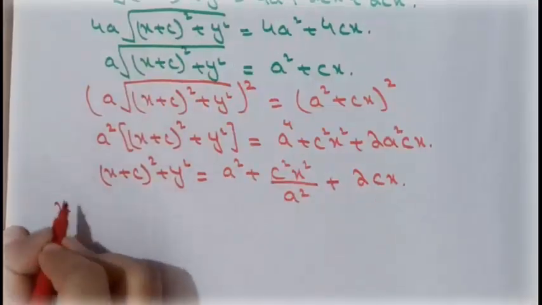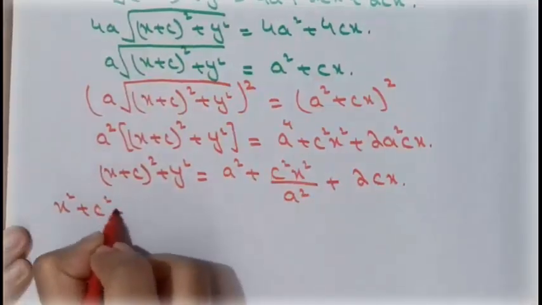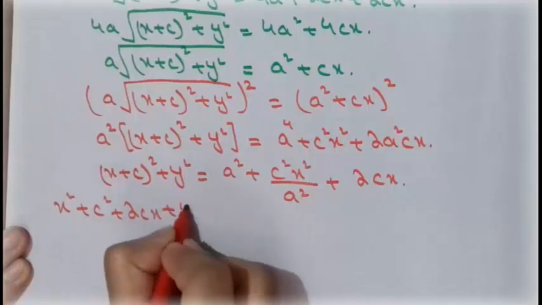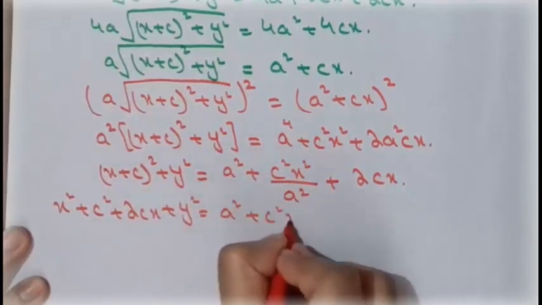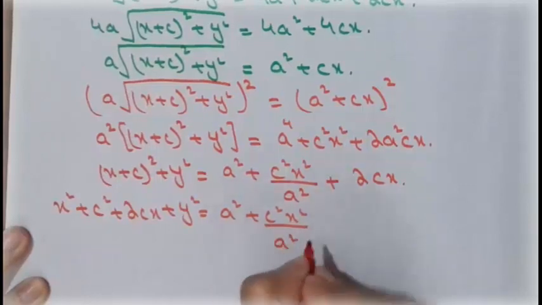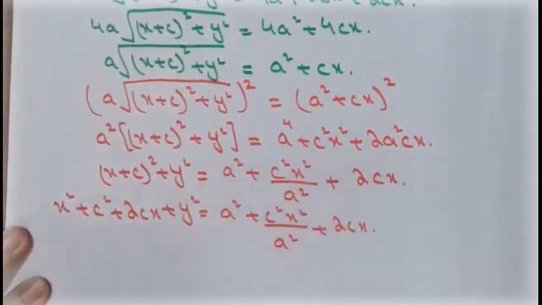So it will be x square plus c square plus 2cx plus y square, which is equal to a square plus c square x square divided by a square plus 2cx. If you notice, these two terms are the same and have the same sign, so if I move this factor to this side, it will cancel out with the other.